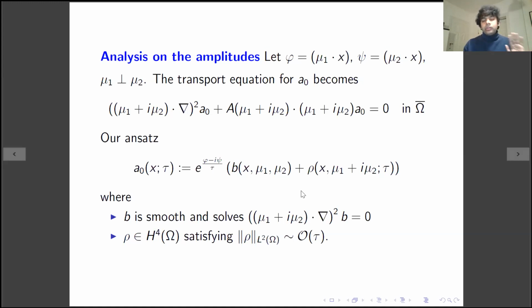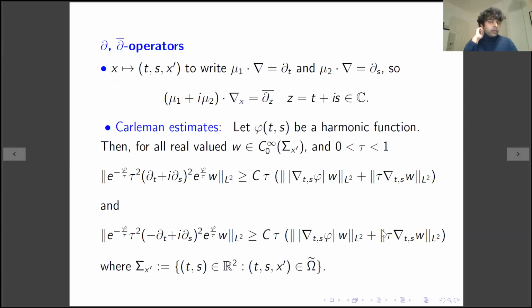And as tau goes to 0, we demand that rho goes to 0, where this B is the amplitude, which solves the nice transport equations. And for that, again, we need to look for CGO solutions, so that we can justify the existence of the solution. In particular, we do this change of variable, from x to t, s, and x prime.